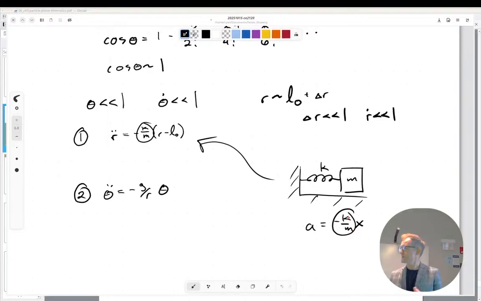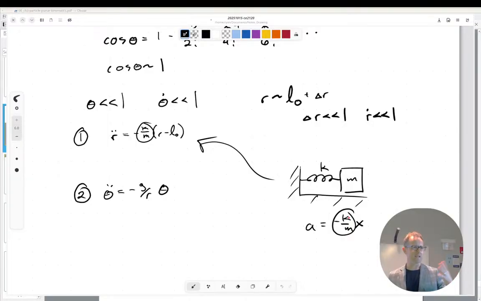You still get the natural frequency, and in this case two equations of motion have two natural frequencies, both g over r and k over m. Those are both omega squared, 1 and 2. And the more moving parts you have, the more degrees of freedom, the more natural frequencies or time constants you're going to end up with.